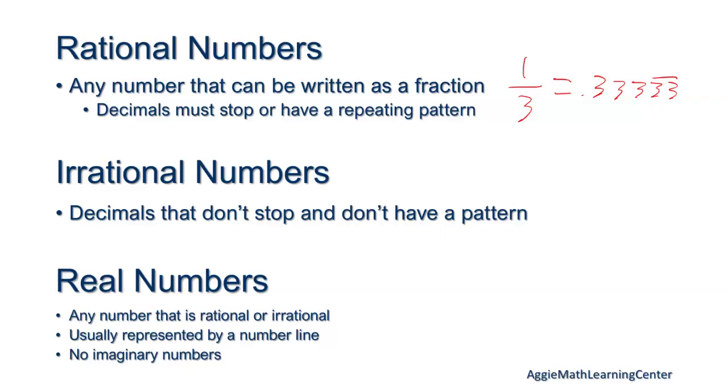And so the real numbers are any number that is either rational or irrational. A lot of the time we'll use a number line to represent those. Imaginary numbers are not allowed, so I can't have 5i. You don't need to worry about imaginary numbers in this class.